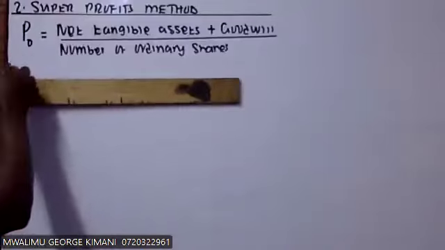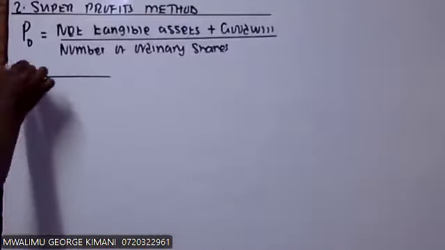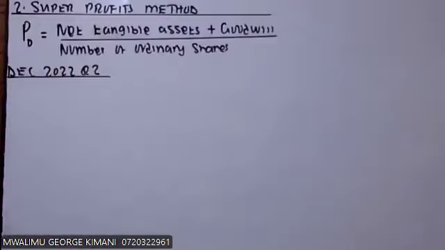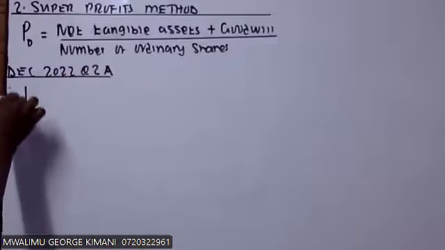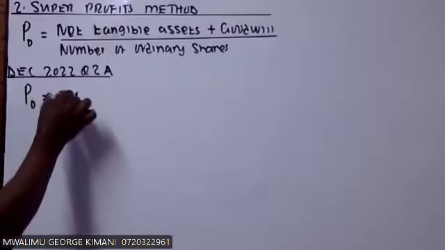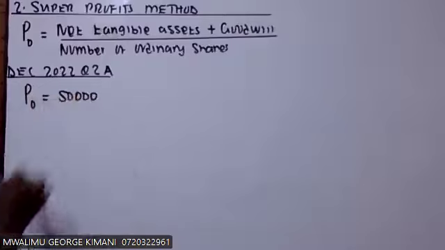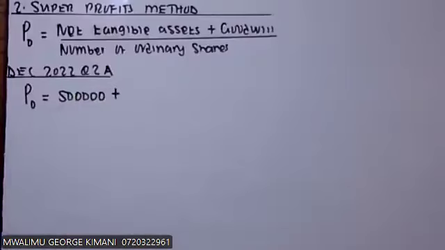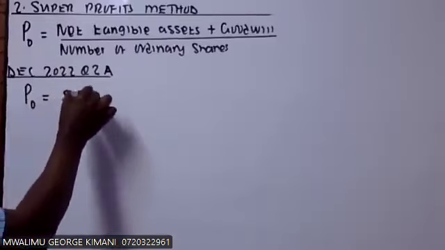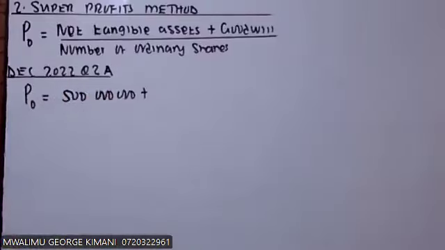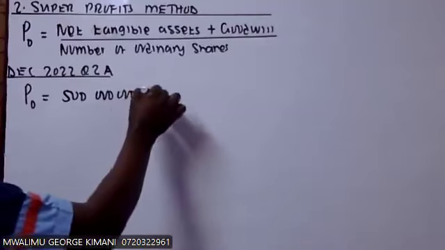If we still use the same question, the December 2022 question 2A, the P naught will now be the 500,000, or let me put it in millions, 500 million, plus, if you go to the question, you find goodwill is 40,000, so it's 40 million.